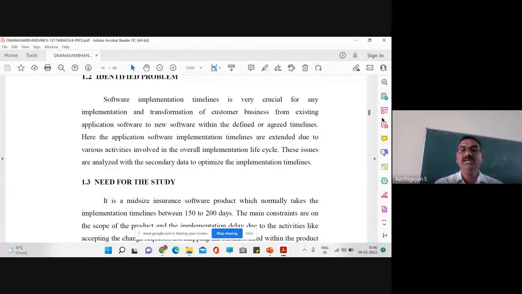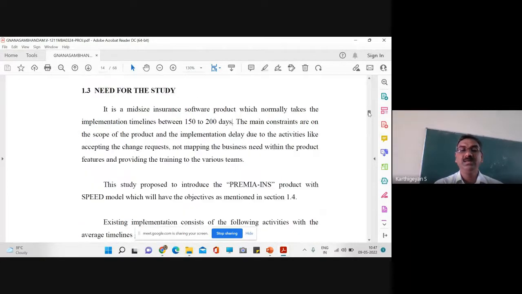Usually, what he has observed in the mid-size insurance software products, the timelines is between 150 to 200 days. Okay, 150 to 200 days. What he wants to do is minimize the time by eliminating some or clubbing some of the procedures or methodology steps together or parallel processing, and then try to complete the entire project within 100 days. Okay, so this is the study we have done.